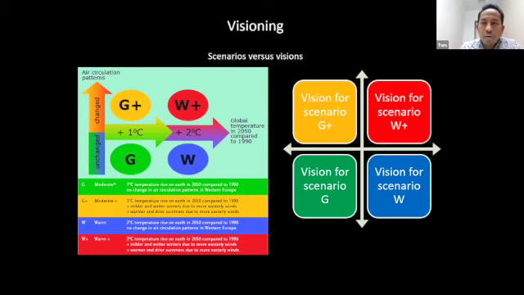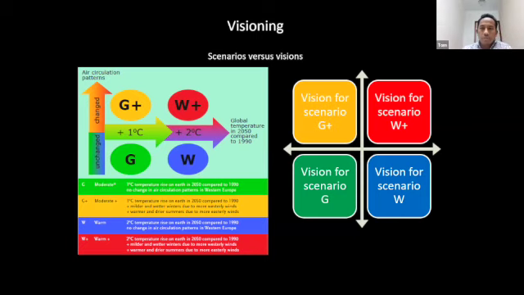Scenarios help us to explore and map out the key drivers for change. And I put here some figures to give an example of how scenarios are used in climate change adaptation.